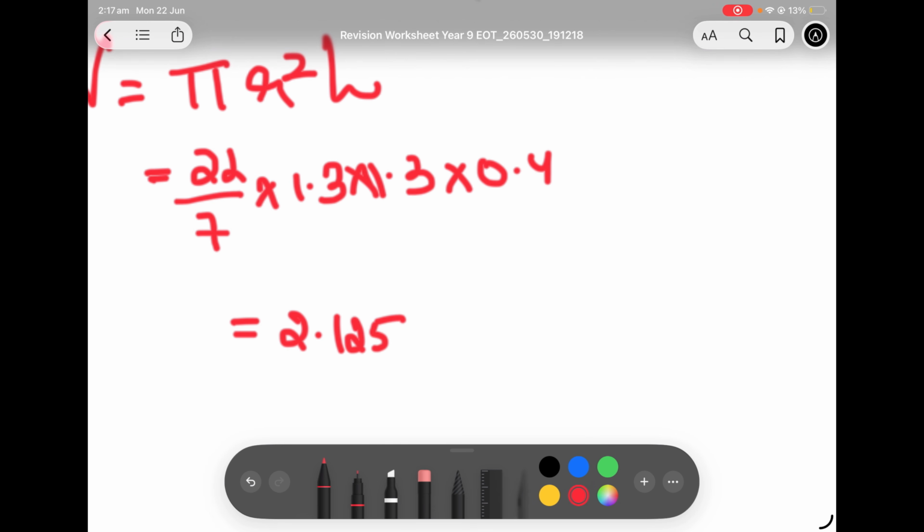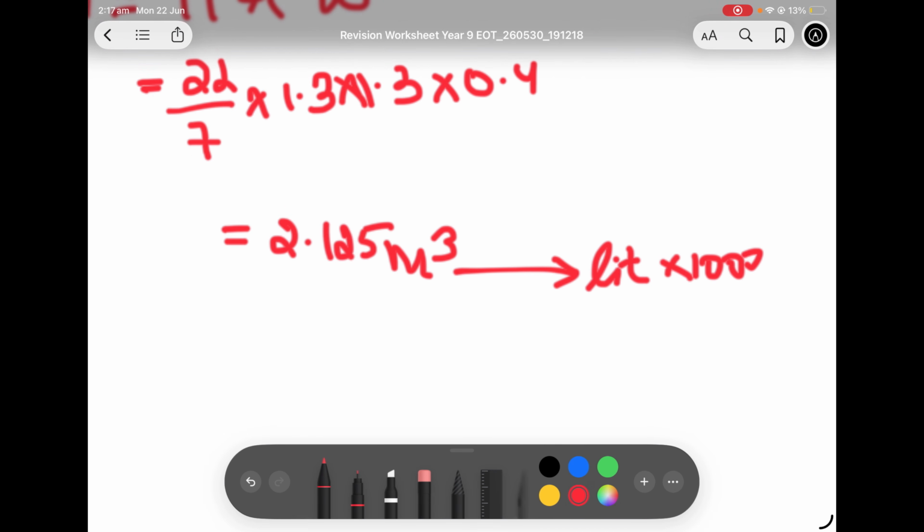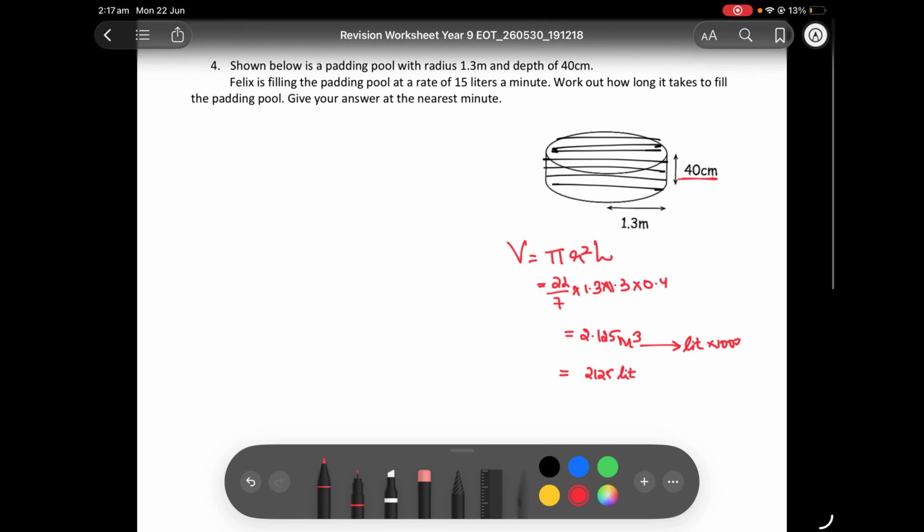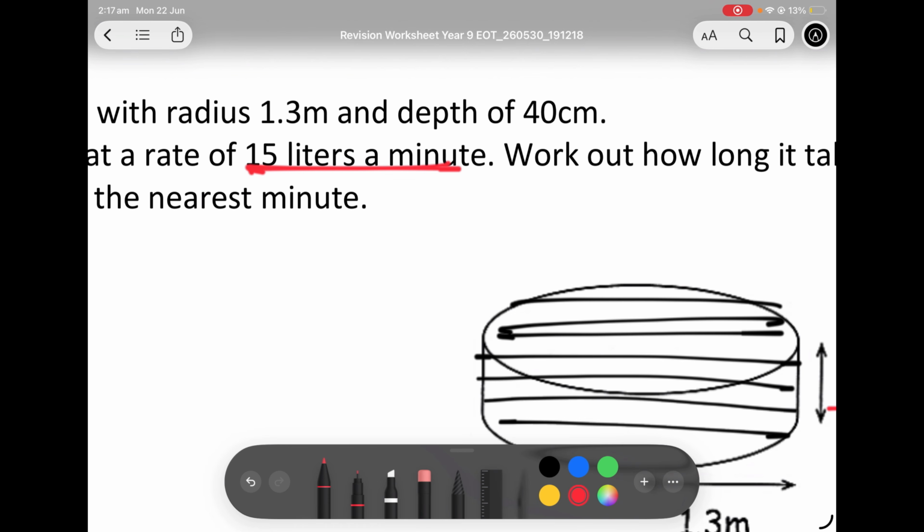2.125. Okay, this is in meter cube. Now I have to convert from meter cube to liters. Then I need to multiply it with 1000. So when I multiply it with 1000, it becomes 2125 liters. Then, if you look at the question, it says 15 liters in 1 minute.